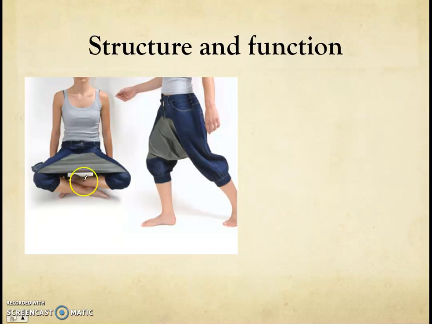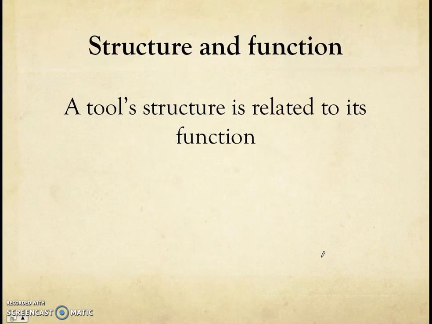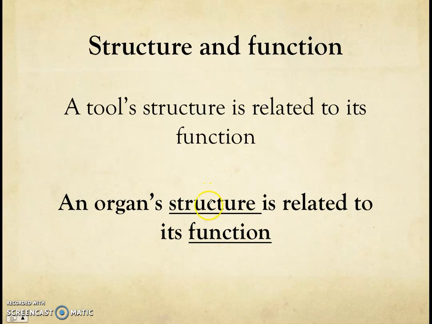They're not to keep your feet dry. No, they're to eat stuff from. I don't know why people do this, but it might be quite cool to have picnic pants. There is a relationship between the structure of something and its function. This picnic pants is a certain structure and it helps its function. So the structure of a tool is related to its function, like the picnic pants. In the same way, an organ's structure is always related to its function.